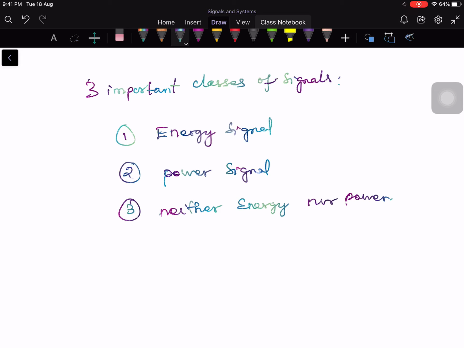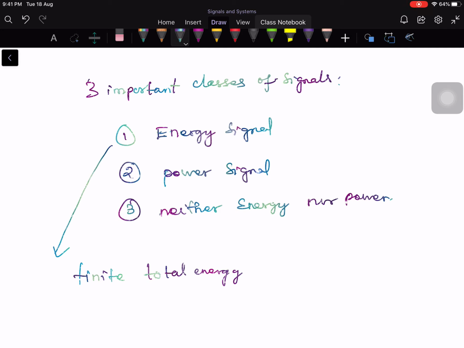So the first of these is the class of signals with a finite total energy. When I say energy signal, it has finite total energy. If any signal has finite total energy over an infinite duration, then you call those signals an energy signal.